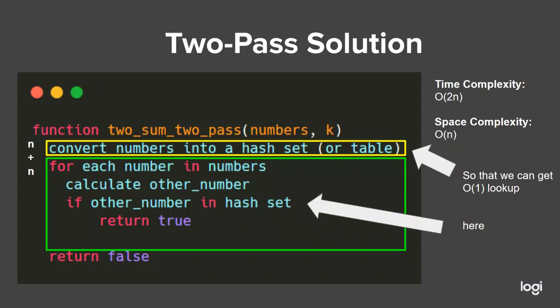And then for each number in numbers, we calculate other number, which we recall is k minus number. And if other number is in our hash set, then we've met our condition and we can return true. And so we end up with a two-pass solution.